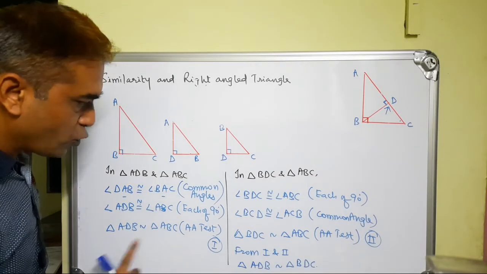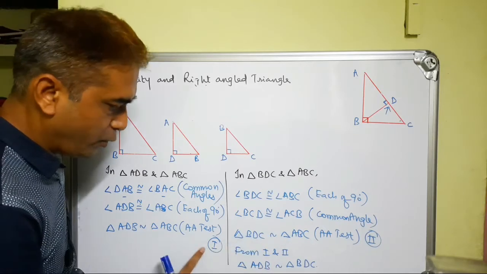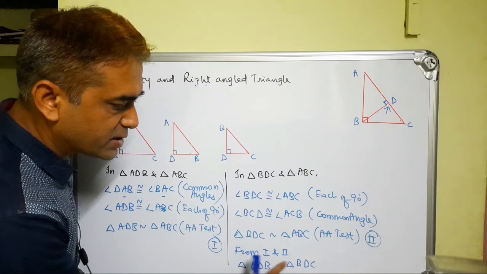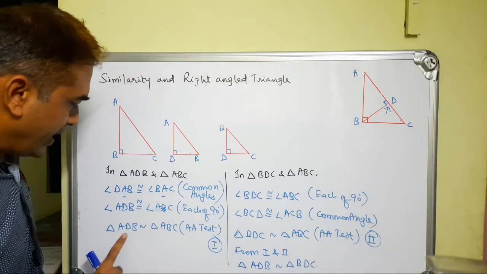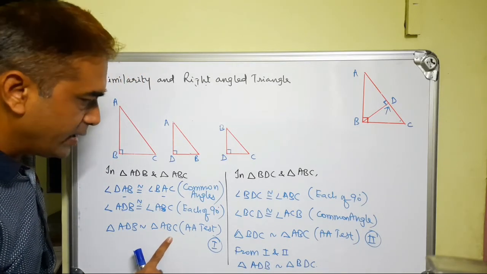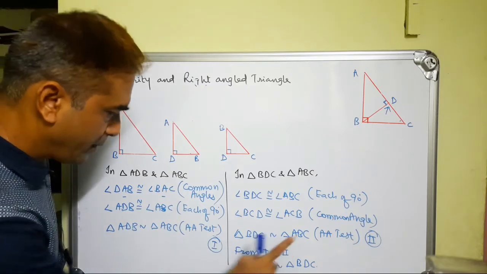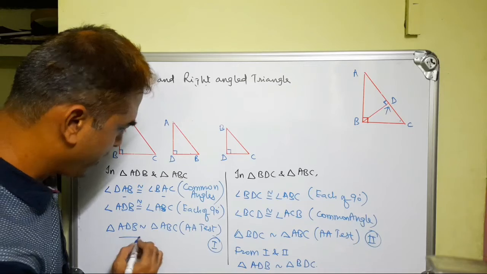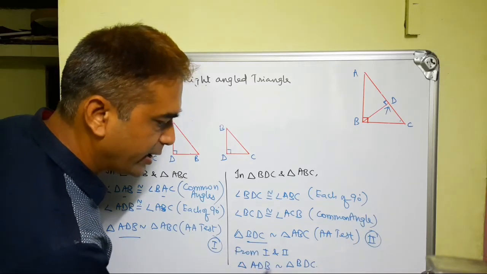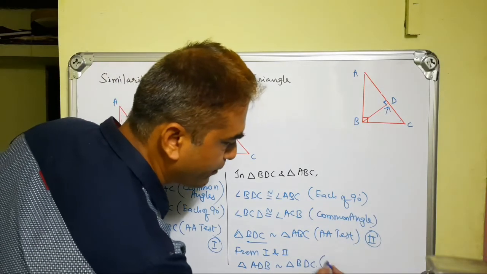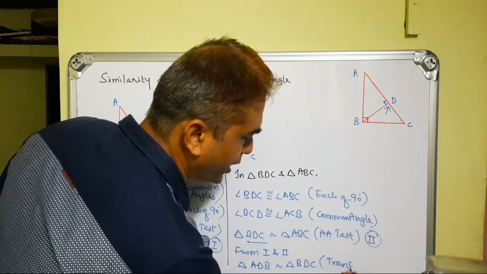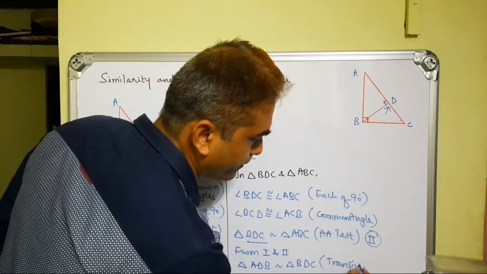So two pairs of triangles we have proved in points 1 and 2 that they are similar, and from the first and second point we can say, as ADB is similar to triangle ABC and BDC is similar to triangle ABC, therefore triangle ADB is similar to triangle BDC by this property of transitivity.